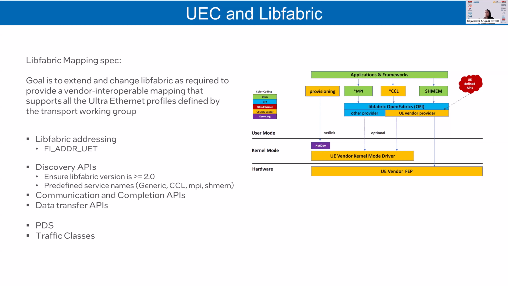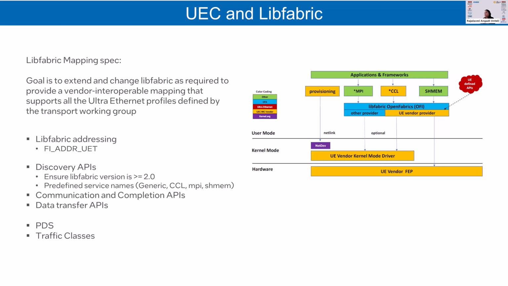This is where it deals with the fabric endpoints. A new value FI_ADDR_UET is added to the enumeration in the Libfabric library to identify Ultra Ethernet transport address formats. The address format is a little bit different, so FI_ADDR_UET will recognize that this is a UET type of address format.